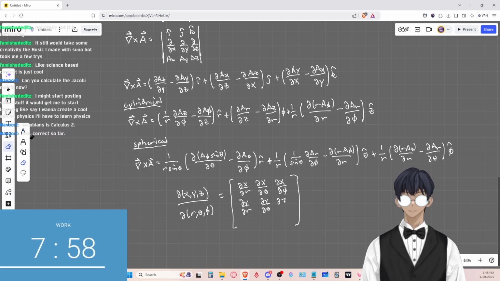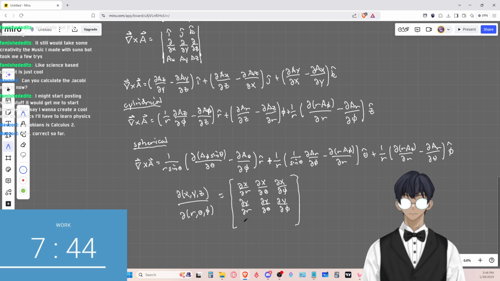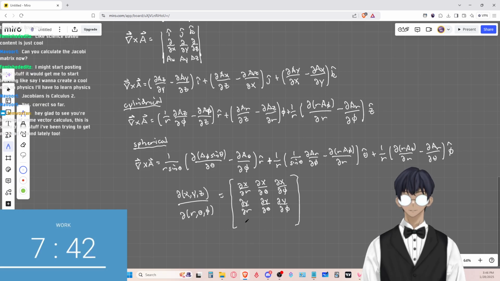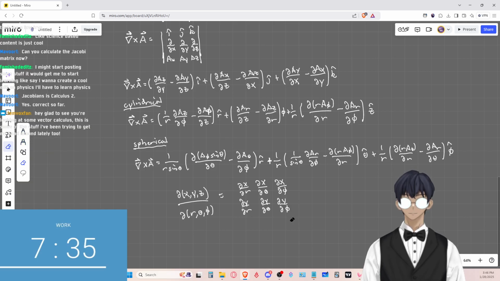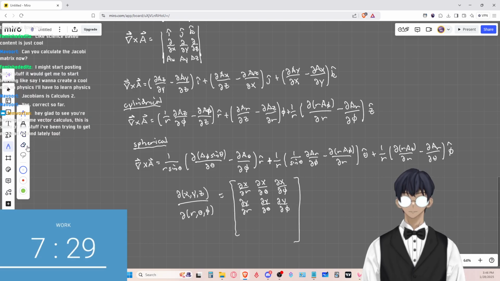Yes, correct so far. Okay, I guess we're taking a small detour into doing the Jacobian. I guess you just want me to actually see where it comes from, which I appreciate.